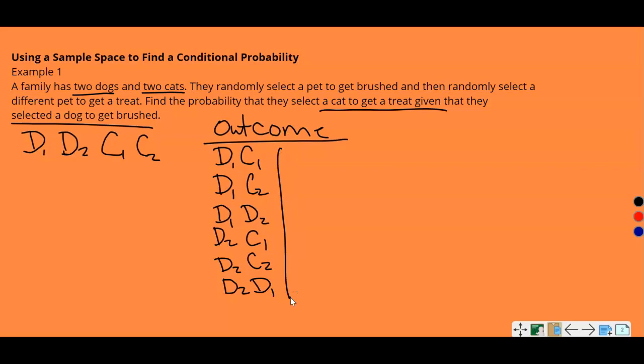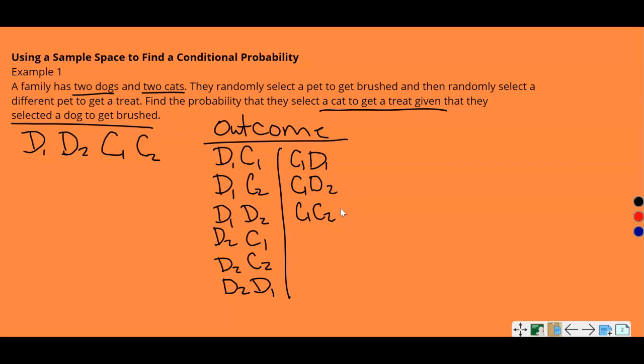All right, so what may happen, maybe we start with the cats. So let's say cat 1 and dog 1, cat 1 and dog 2, cat 1 and cat 2. So that's every combination where cat 1 is picked first.